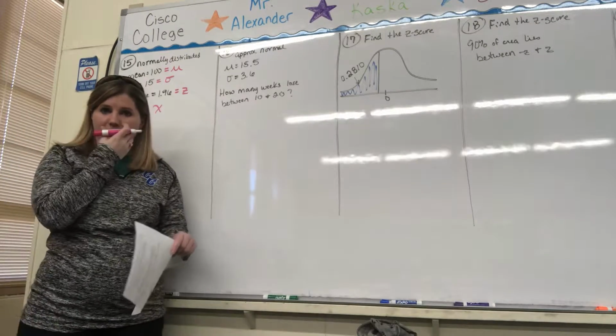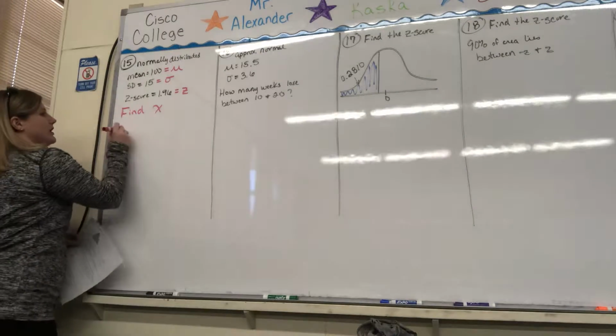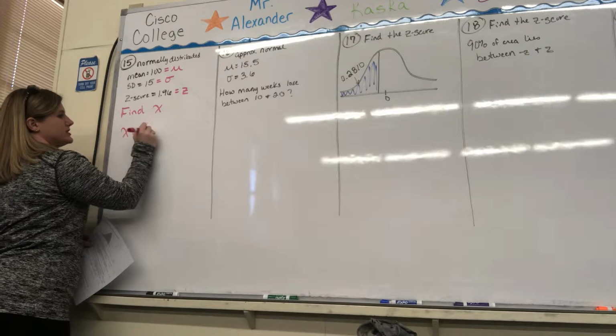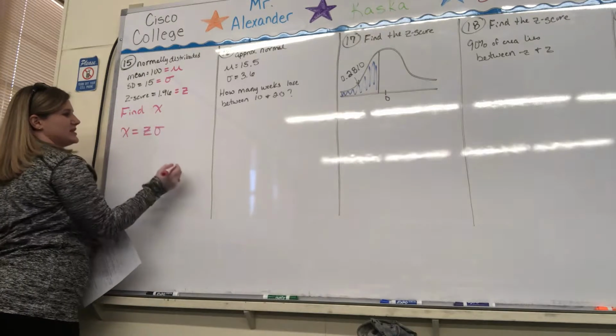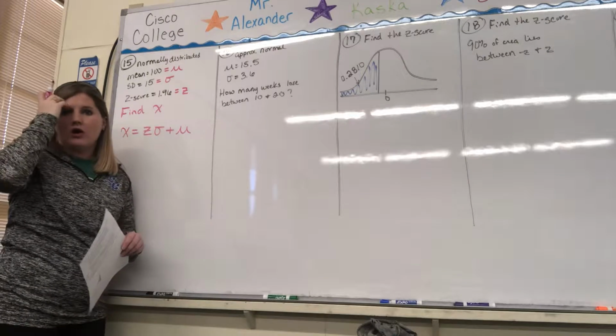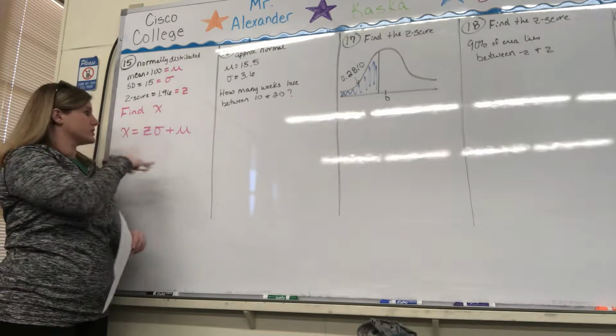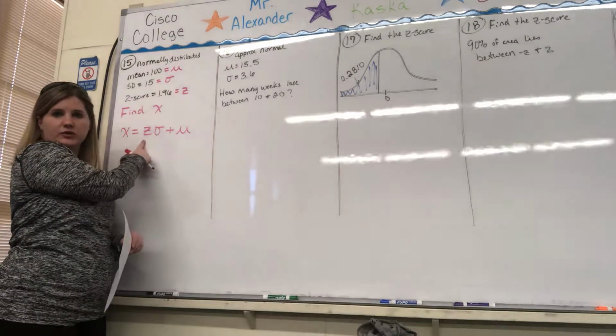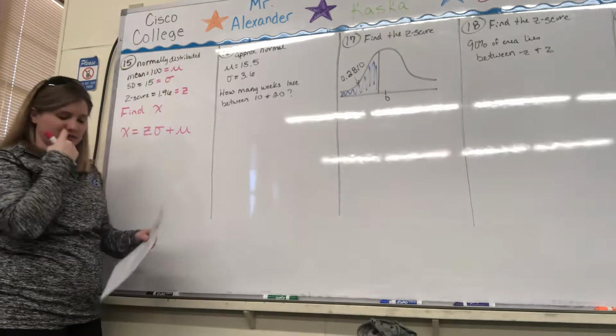Okay, we have a formula to find x. X equals z times sigma plus mu. All they did, they reworked the z-score formula to now solve for x.